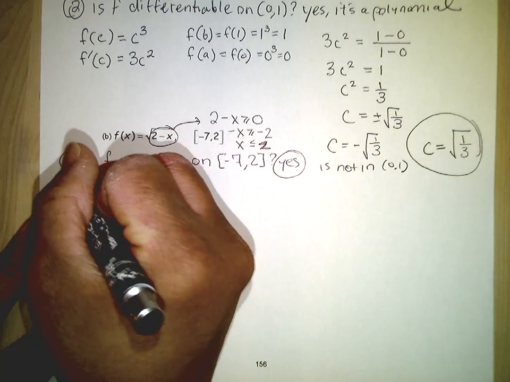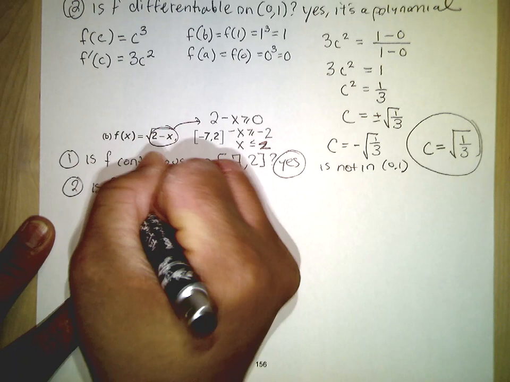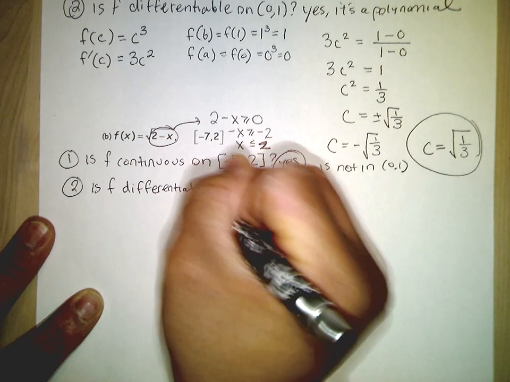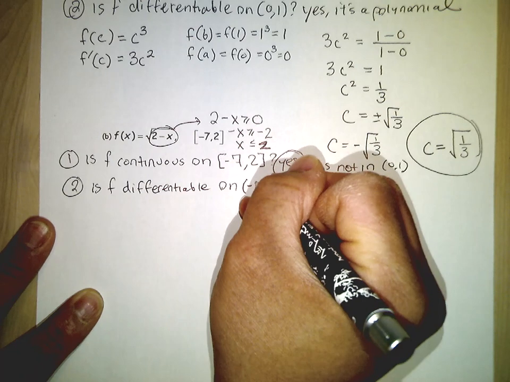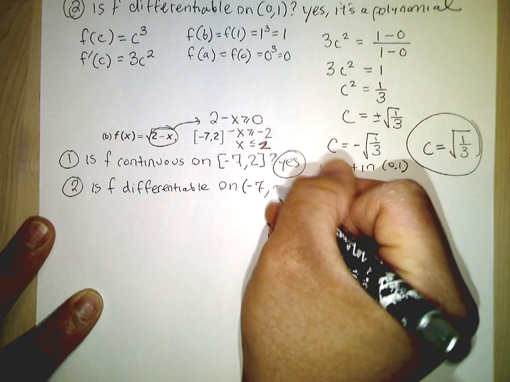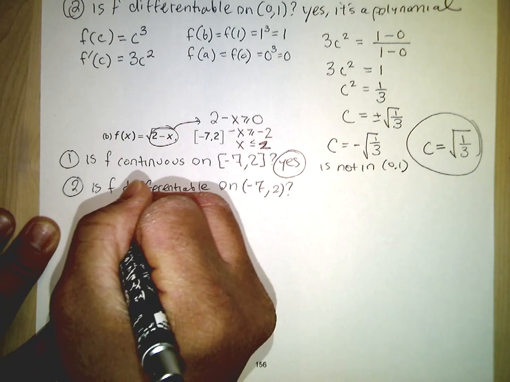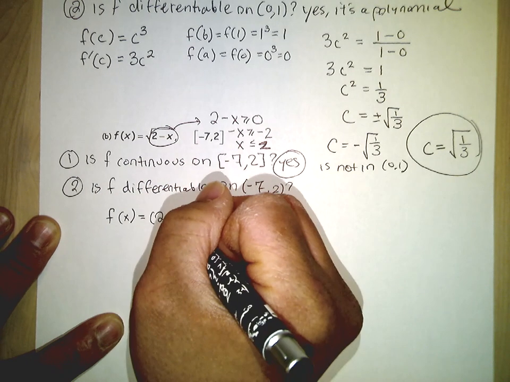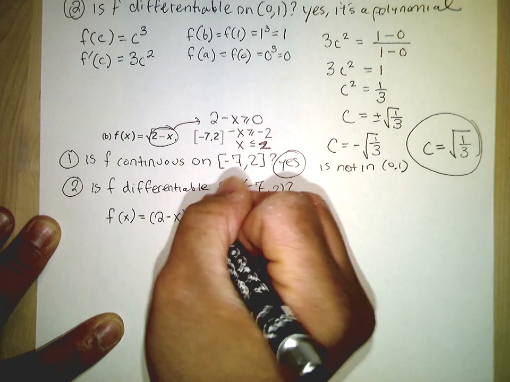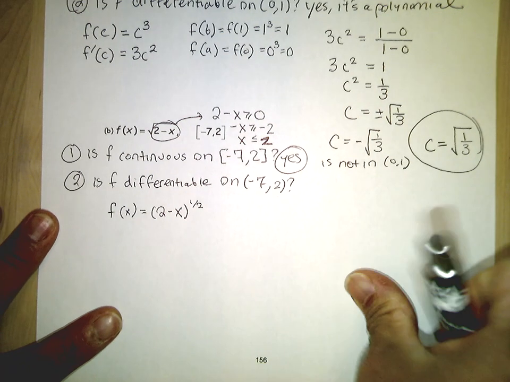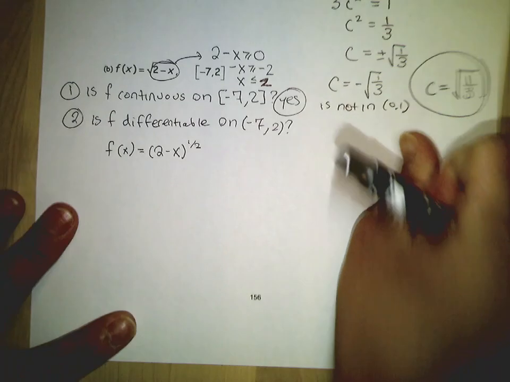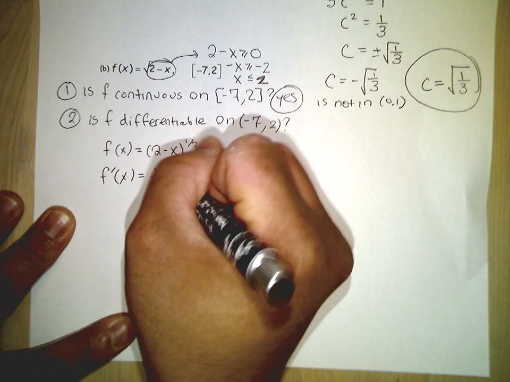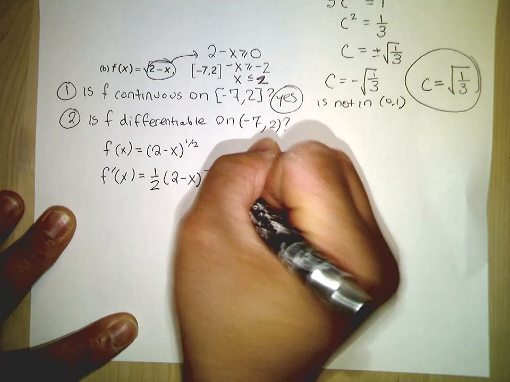So now we need to find out, is f differentiable, right, on the open interval from -7 to 2. Well, f of x was the 2 minus x to the, well, I'll write the square root as the 1/2 power, and then the derivative f prime of x is 1/2 times 2 minus x to the negative 1/2 power.